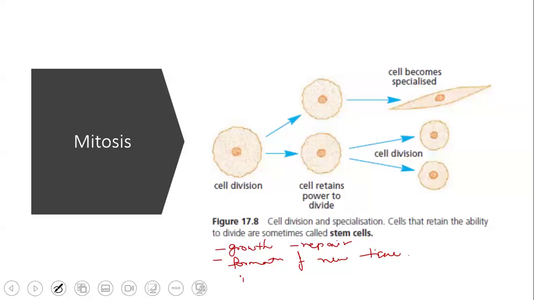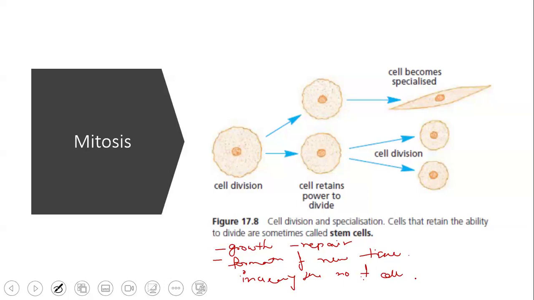It helps in increasing the number of cells. Right? So wherever I need new cells, wherever I need any kind of repair, any kind of growth, any kind of division, I need mitosis to occur.